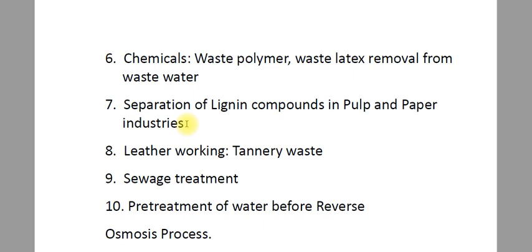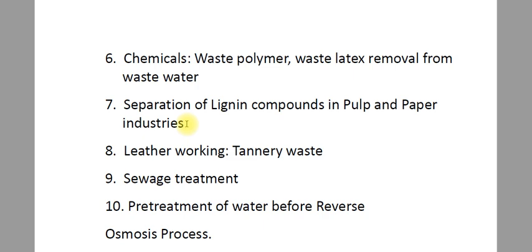These are poisonous compounds also, but they can be used for some other purpose. During paper and pulp processing, the lignins of the plant are removed with NaOH solution, so the lignin compounds can be separated out from the NaOH solution by this process. This is also a part of wastewater treatment.